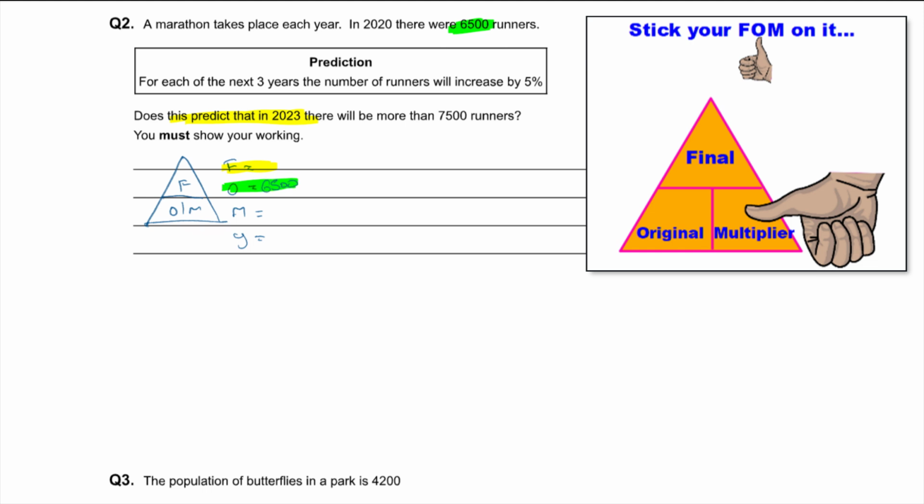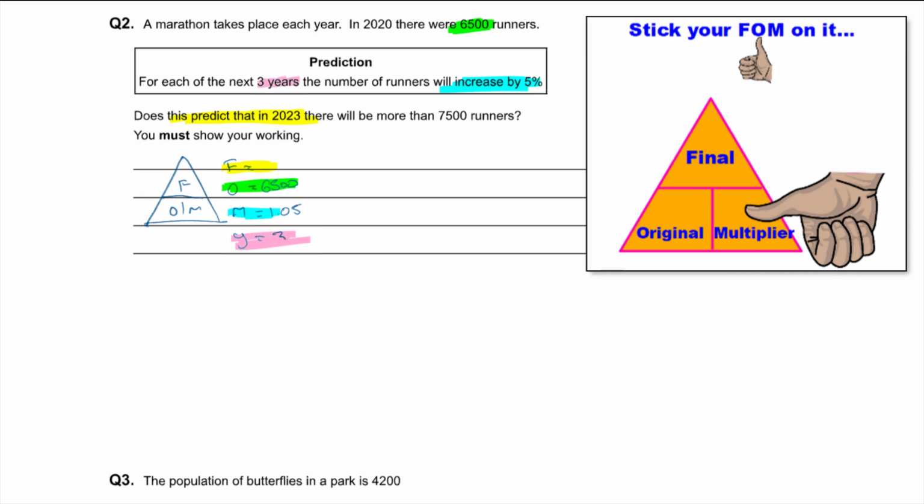The multiplier is going to be the 5% increase, which as a multiplier then 100% plus 5% is 105%. And that as a multiplier is 1.05. And the number of years in this case is going to be 3.